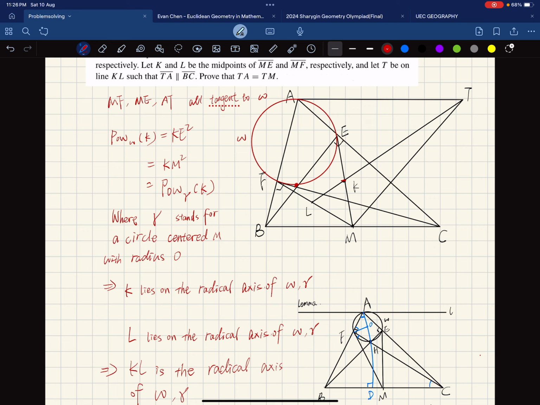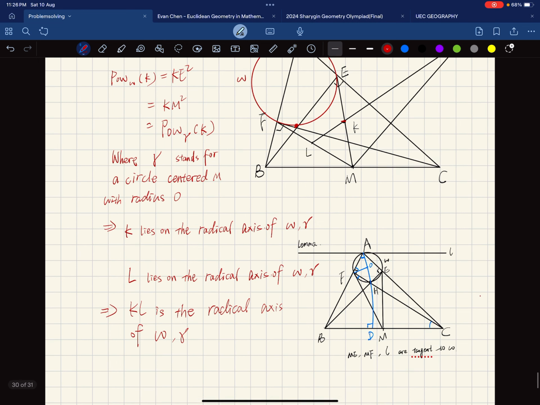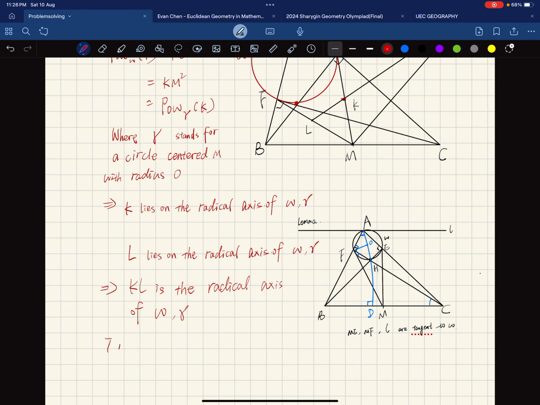T is on the radical axis of the two circles. And that means the power of T to omega equals the power of T to gamma. And that means TA squared equals TM squared.